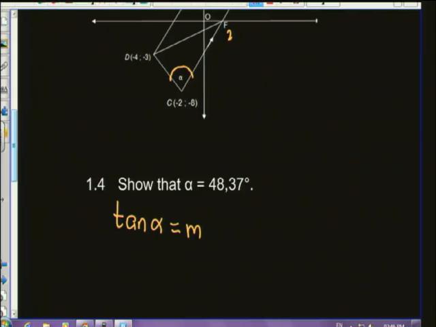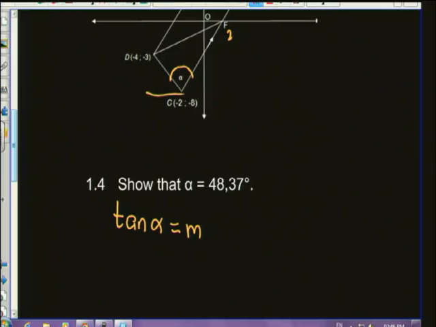So tan of the angle that a line makes with the x-axis is going to give me the gradient of that line. We need to work out that angle alpha there. However, we've got a slight problem. That angle is not an angle that a particular line makes with the x-axis, so I might have to calculate other things in order to eventually get to my answer.